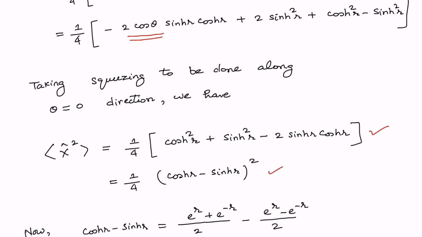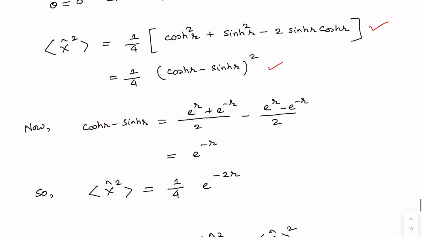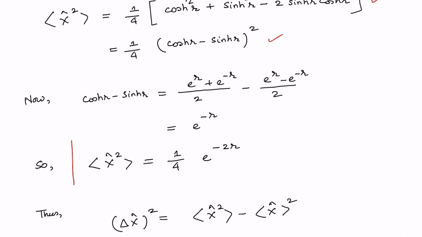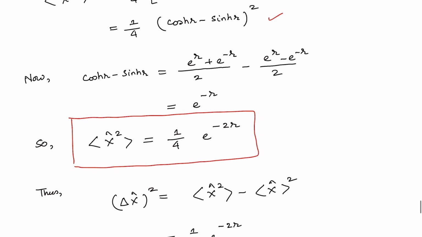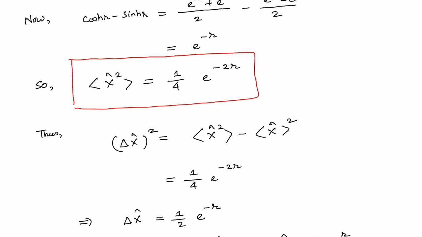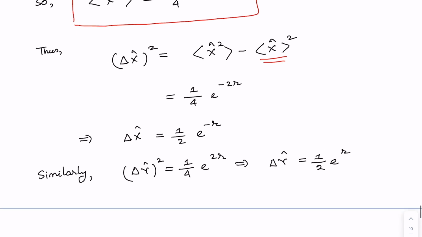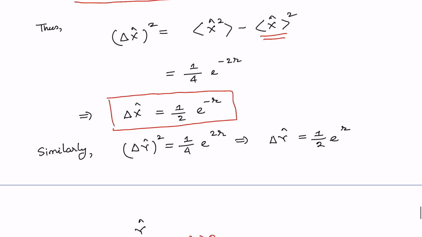And you know, cosh r minus sinh r is nothing but e to the power minus r, and therefore the expectation value of x square is equal to 1/4 e to the power minus 2r. Therefore the variance in the x quadrature is 1/4 e to the power minus 2r, because the expectation value of the quadrature x is equal to 0. Taking the square root, the standard deviation in the quadrature operator will be simply 1/2 e to the power minus r.